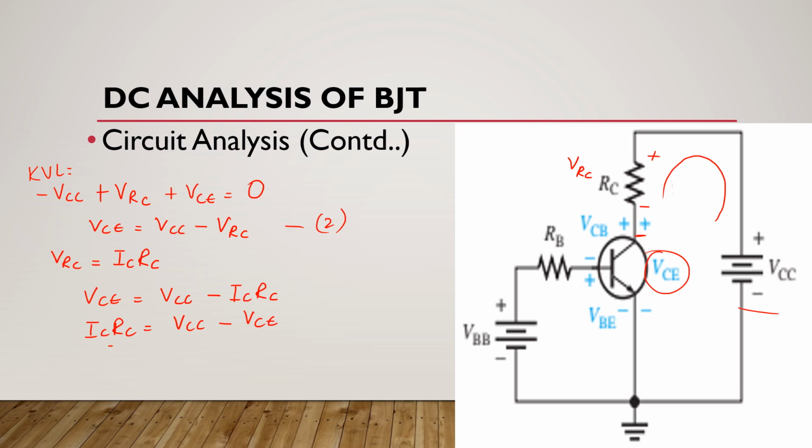So this IC will be equal to VCC minus VCE divided by RC. So this is the equation of DC collector current for this circuit.